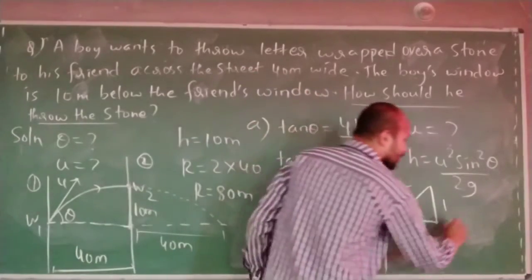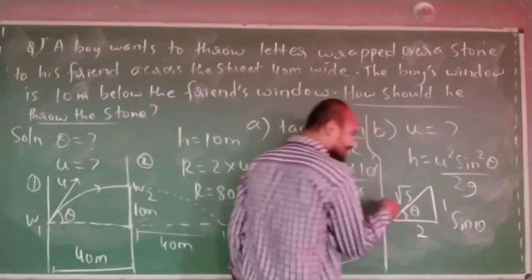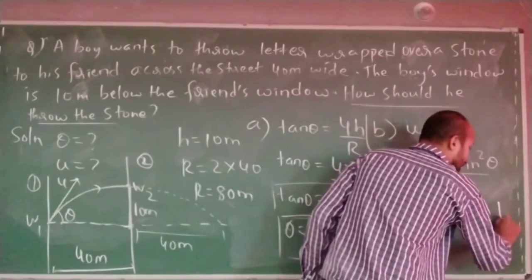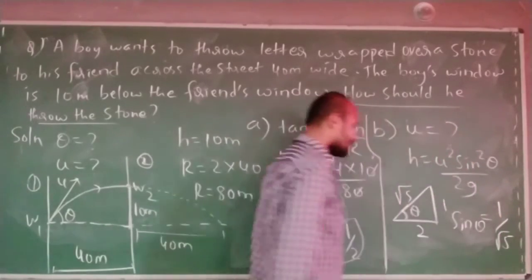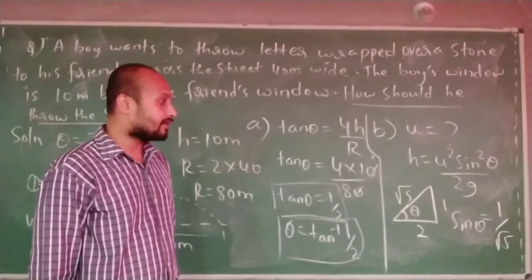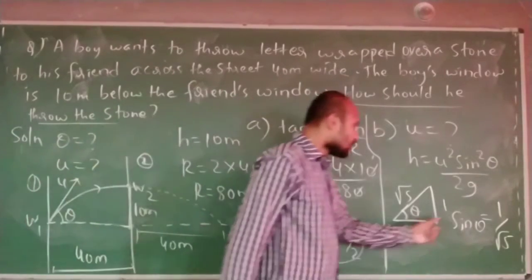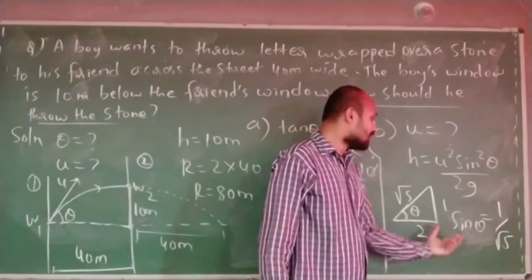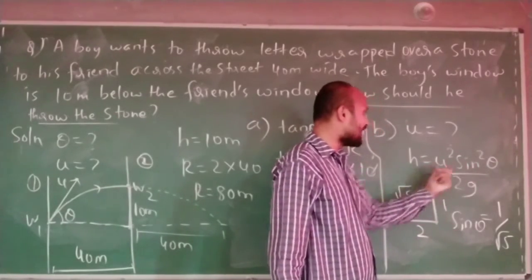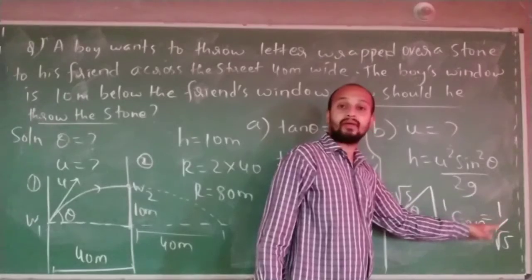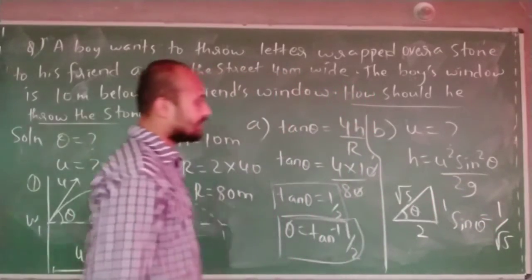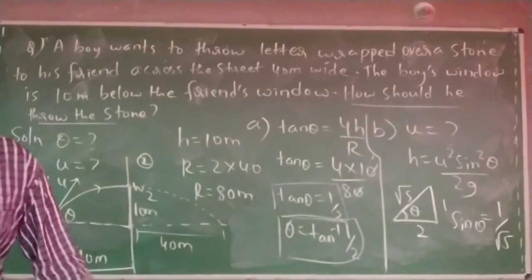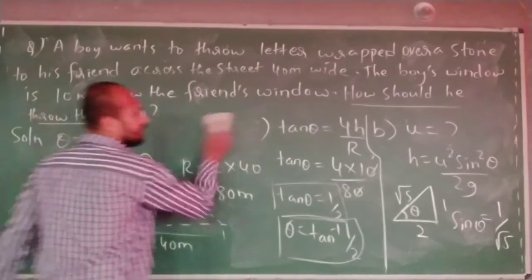Opposite by hypotenuse, sin theta will be equal to 1 by root 5. This is a mathematical technique to find it. Sin theta value is 1 by root 5, so sin square theta value will be 1 by 5. I am going to rub this. So, see here.